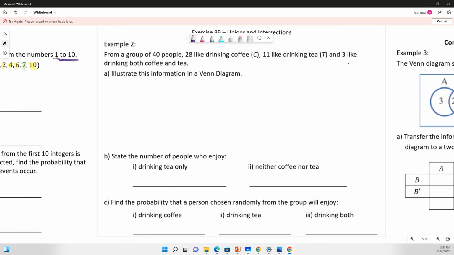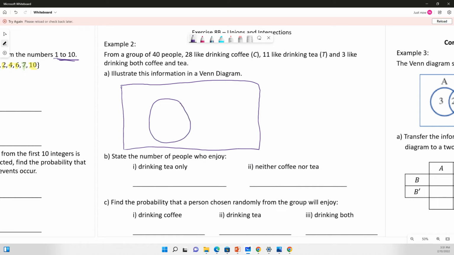11 like drinking tea and 3 like drinking both coffee and tea. We want to illustrate this information on a Venn diagram. So remember, drawing in this box on the outside is really important, so we can include our whole sample space. So we've got a nice box here, and then a circle and another circle.